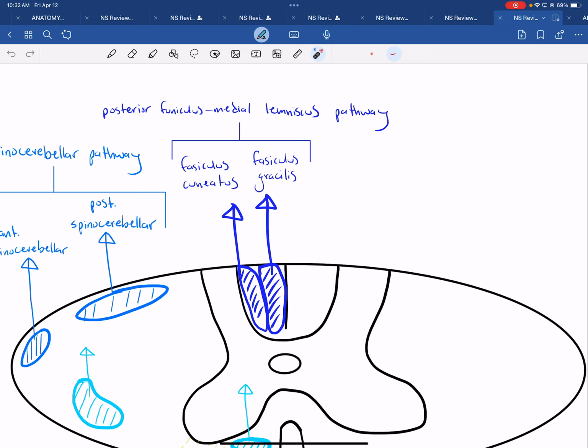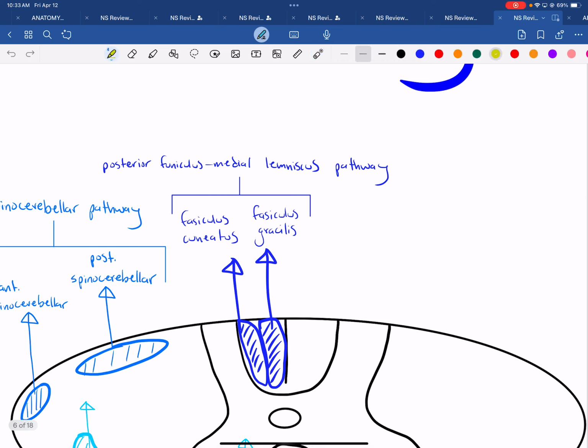I forget the boundary, but everything inferior, like lower limbs, lower abdomen, lower back. This carries proprioceptive information and fine touch information. Both of these together are called the posterior funiculus medial lemniscus pathway.